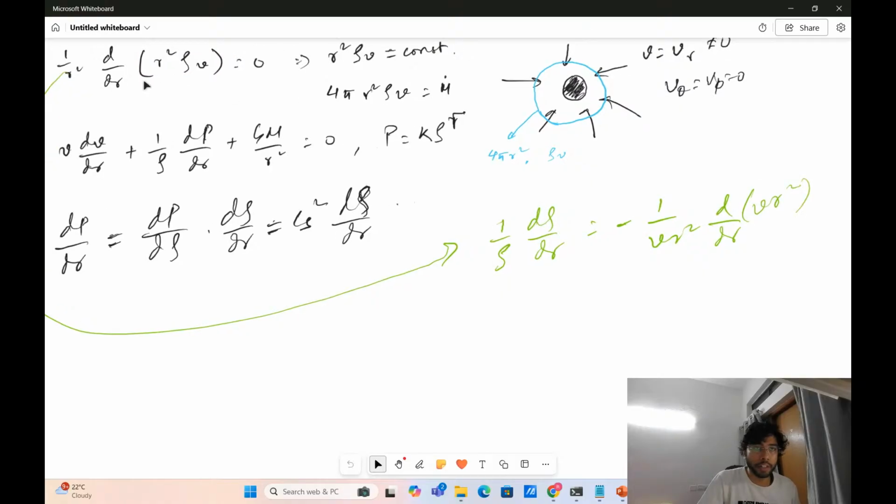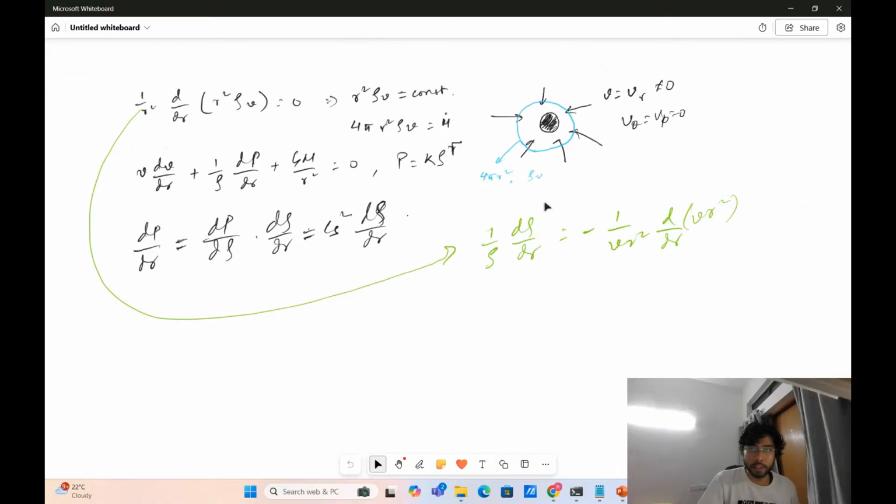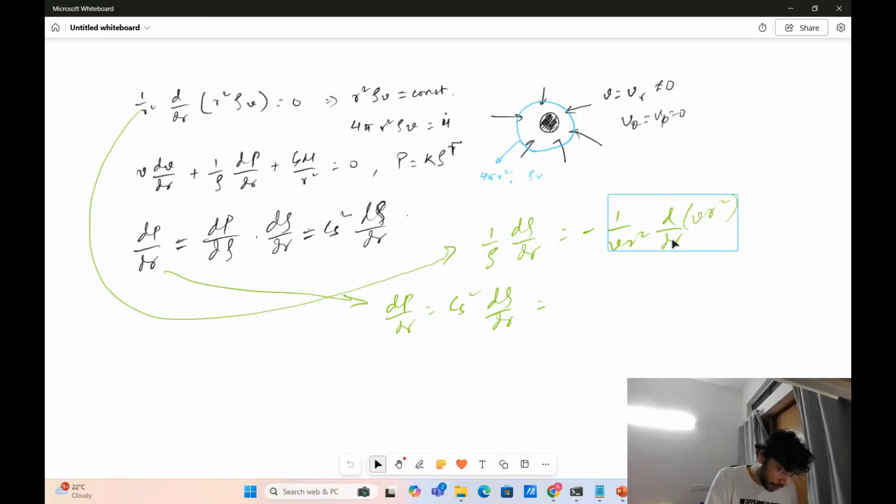So d rho/dr times vr square, and plus rho times d/dr of vr square. Okay. So now we can write this term dp/dr as cs square d rho/dr, and we can use the value of d rho/dr from here. Let's write 1 by rho dp/dr.